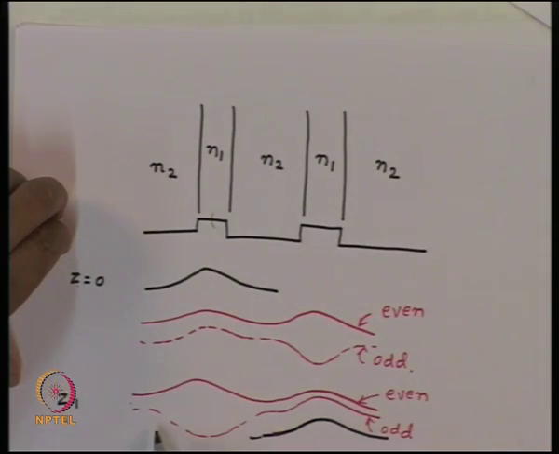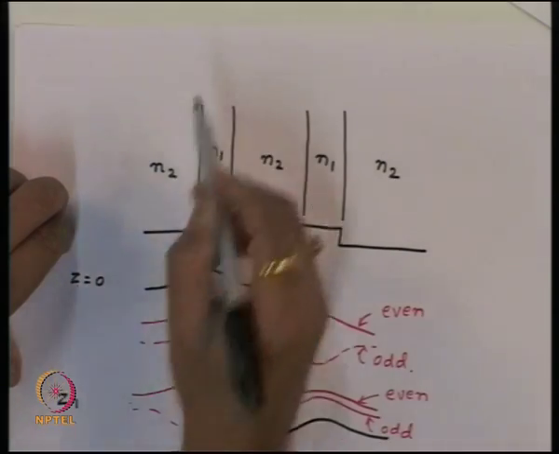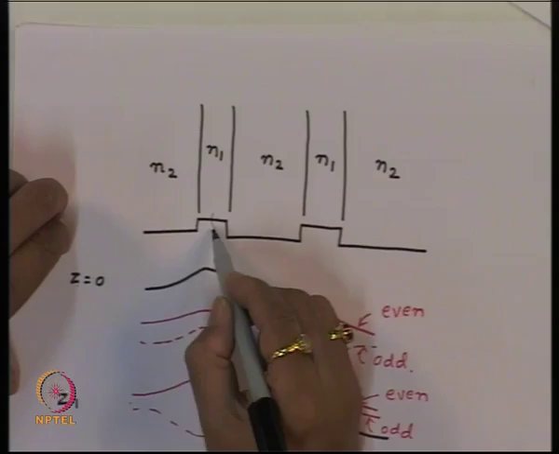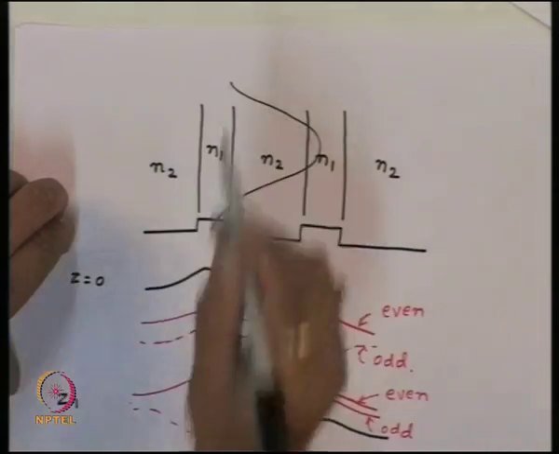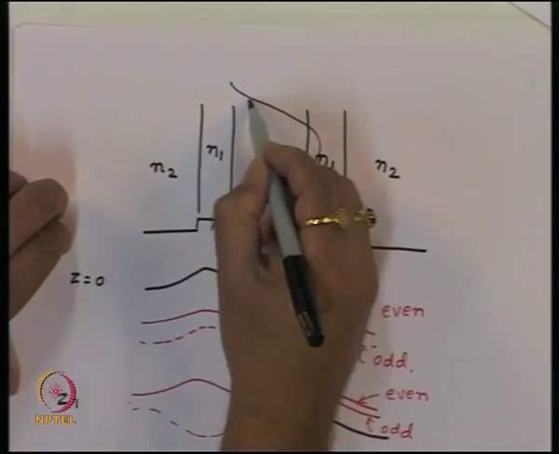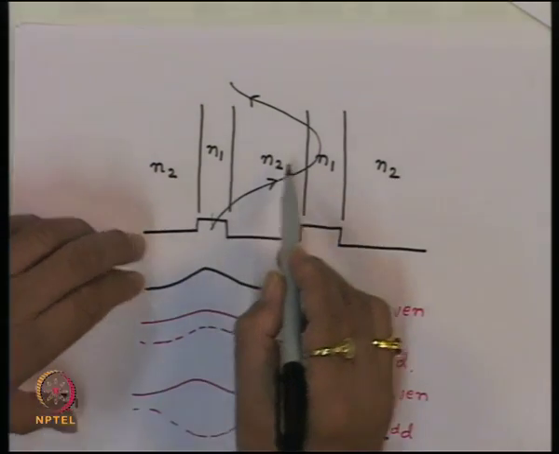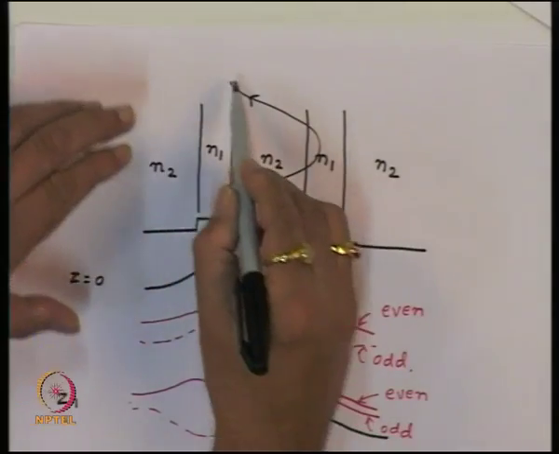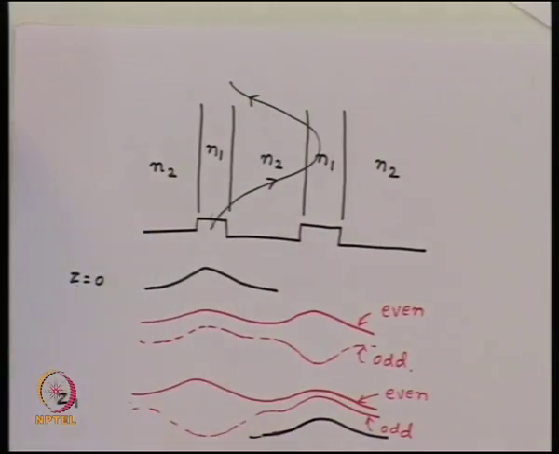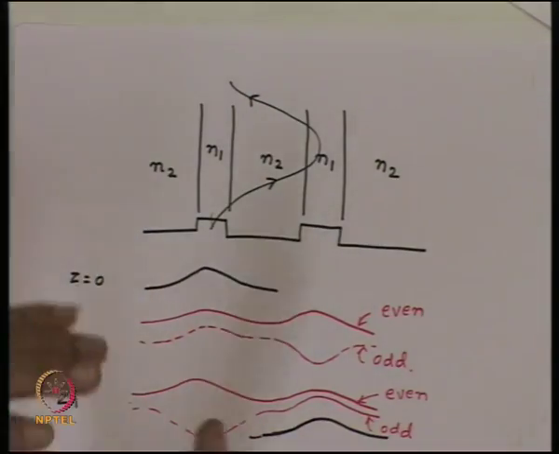Again, if you go a distance of same where the phase change will become 2 pi, again the power will come back to this. So essentially the power is going to now go like this. So it starts from here, slowly the power gets transferred to this waveguide, slowly the power gets transferred back to this waveguide, and so on. That is the principle of the directional coupler.